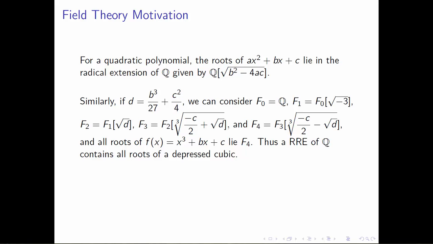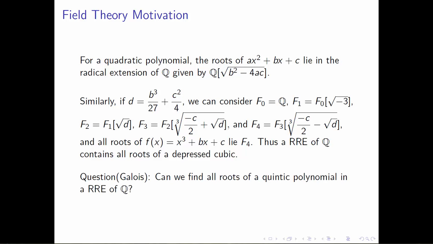And once we have all of those things, square root of -3, square root of d, and then these more complicated expressions for A and B, then we would be able to express all the roots of this depressed cubic x cubed plus bx plus c. So all of the roots would lie in F4. F4 is not a radical extension of the rationals, but it's a repeated radical extension of the rationals. And inside this RRE, we would contain all roots of the depressed cubic.